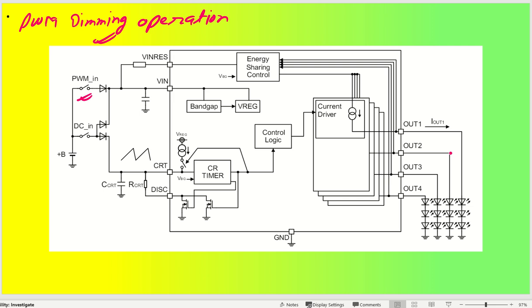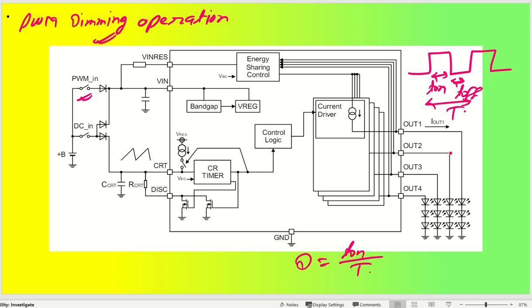PWM you already know has a pulse width. So there is on time and off time, this is T on and this is T off, and this is your total time T. Duty cycle is nothing but T on divided by total time T, and this is how your duty cycle will be, which can be let's say 75%, sometimes we keep 50%.